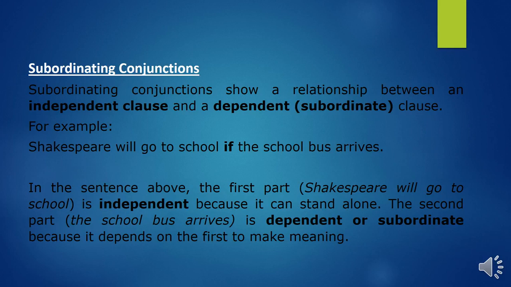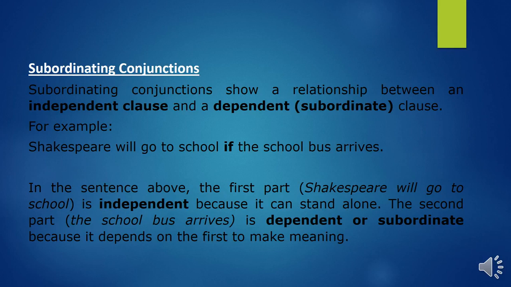A clear difference between coordinating and subordinating conjunctions is that coordinating conjunctions join two independent sentences, sentences that can stand on their own, but subordinating conjunctions join sentences of unequal weight.